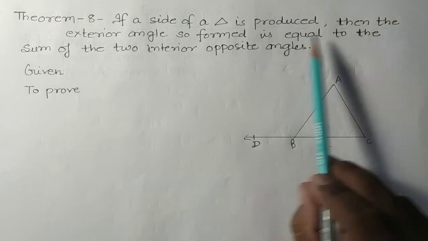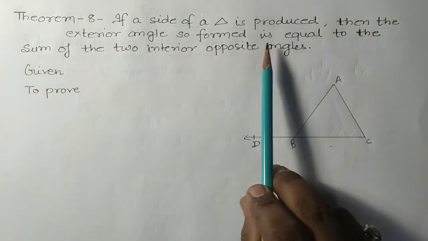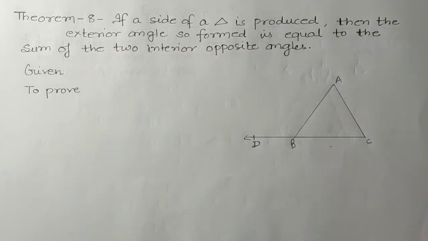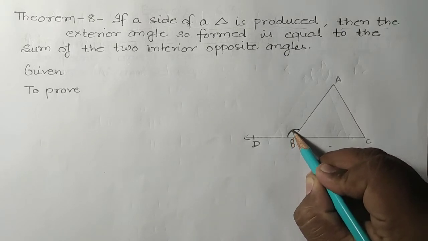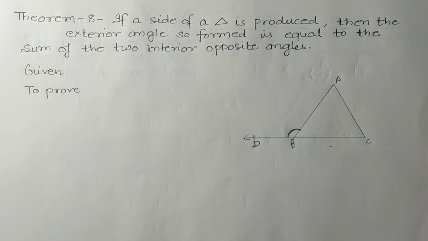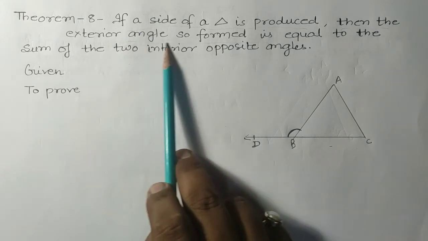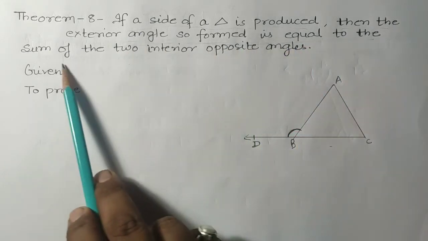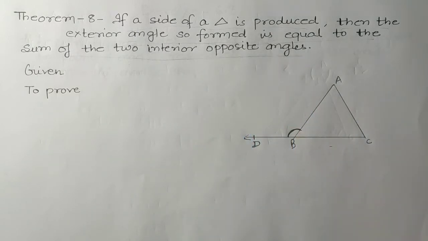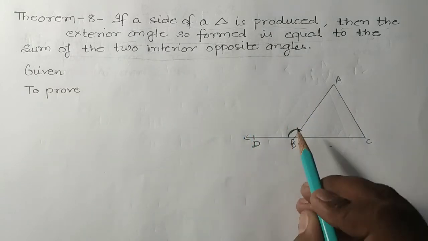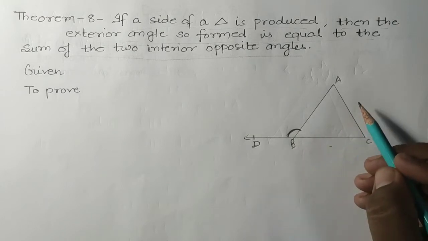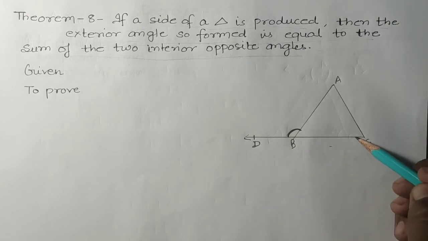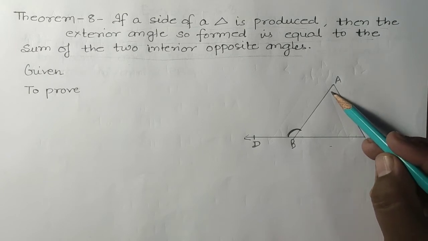Then the exterior angle so formed, which angle will be exterior? This angle. So basically the statement is, the exterior angle so formed is equal to the sum of the two interior opposite angles. But what kind of interior angles? Opposite.